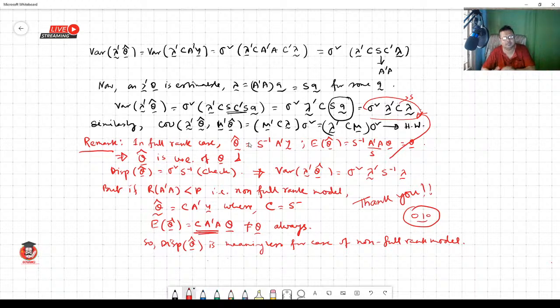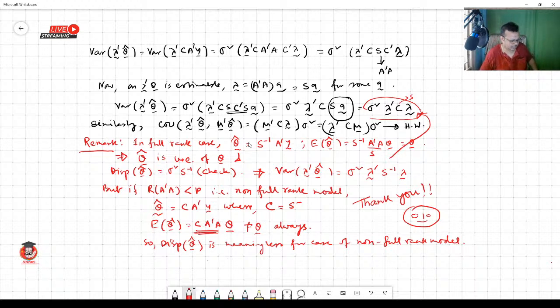So from this remark we observe that theta curl hat is an unbiased estimator only when it is a full rank model, otherwise it is not an unbiased estimator, and hence for non-full rank model dispersion of theta curl hat is meaningless, and it is meaningful only when it is a full rank model.